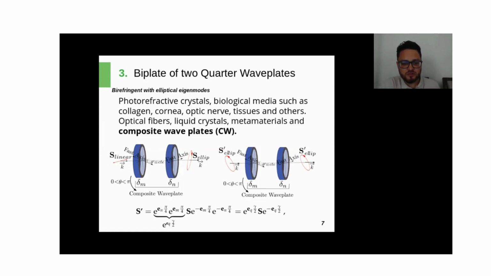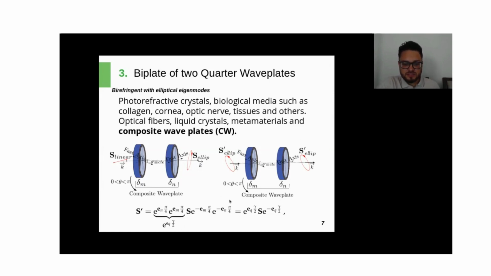In general, when we have a simple combination of two wave plates and we input a linear polarized state, the output is not another linear state. In general, it's elliptical. In that way, there still exists an elliptical eigenstate, which is the eigenmode of the composed system.